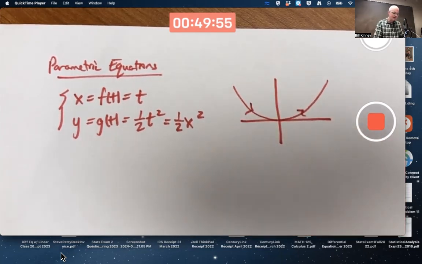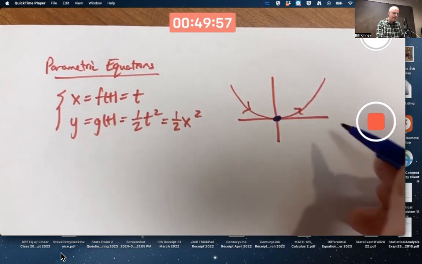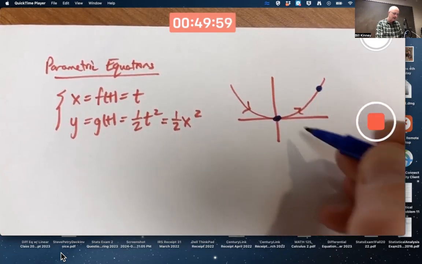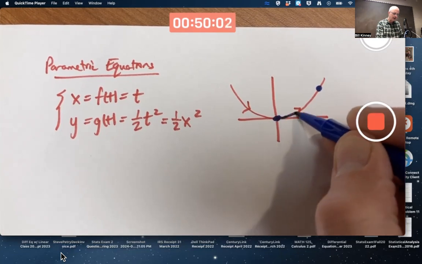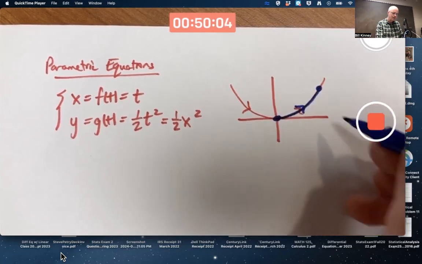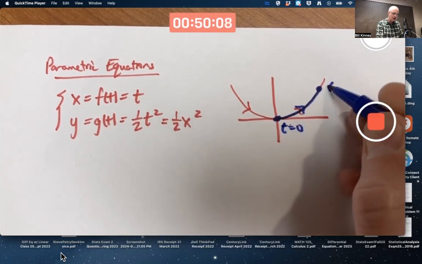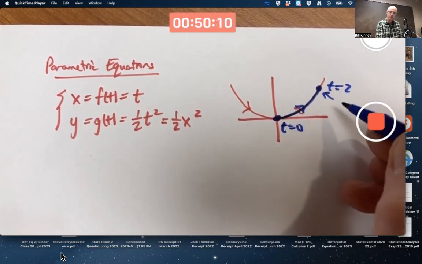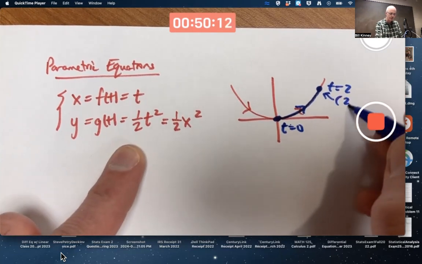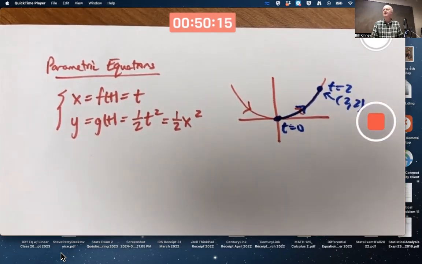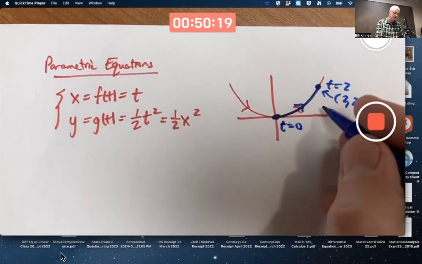I might be interested in, for example, how far the particle travels along this curve from time 0 when I'm at the origin to time 2, when I'm at the point. If you plug in t equals 2, you'll get (2, 2). What's the length of that curve? What's the distance traveled?